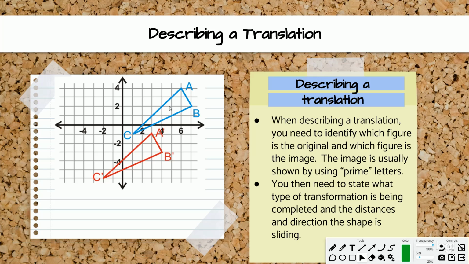So if I wanted to go from C to C prime, it's going to the left, and it's going to the left 1, 2, 3. So 3 to the left, and it's going down 1, 2, 3, 4, 5. So this triangle is being translated 3 units to the left and 5 units down.